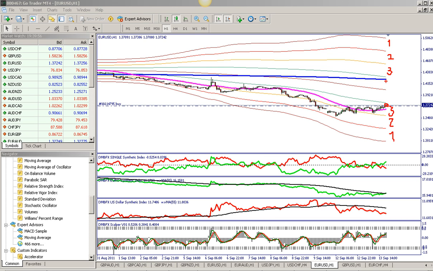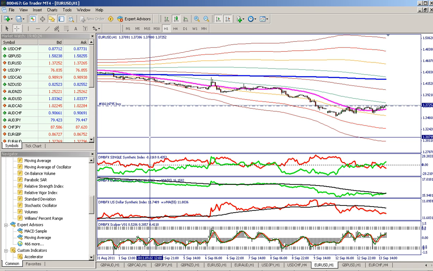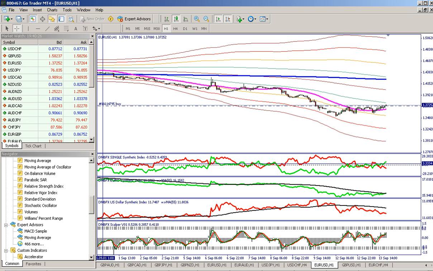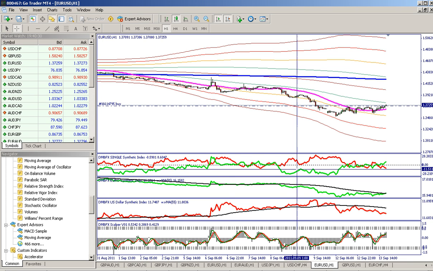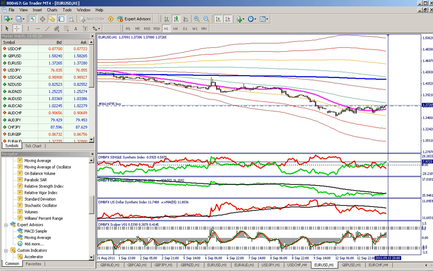Now, if we move on, in the indicator down here, you'll see who is in control at the moment. As you can see right now, there is a divergence, which means that the pairs are moving away from each other.